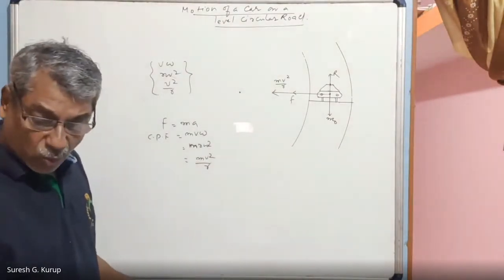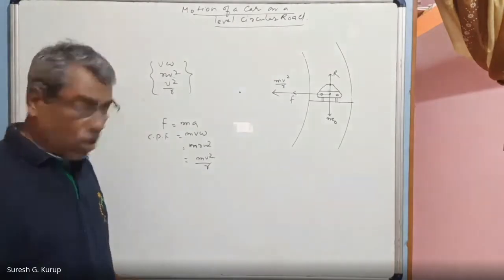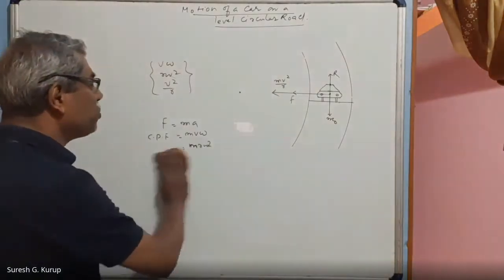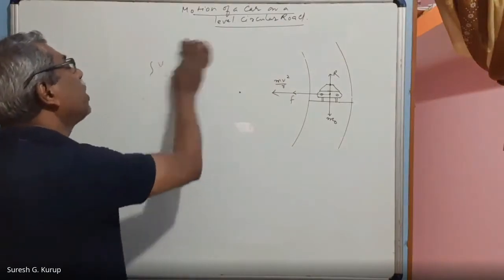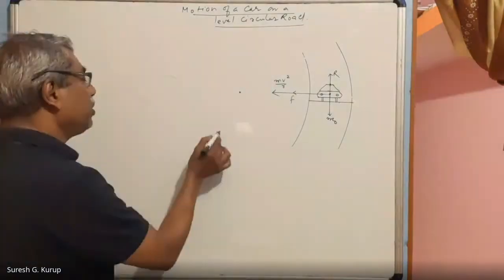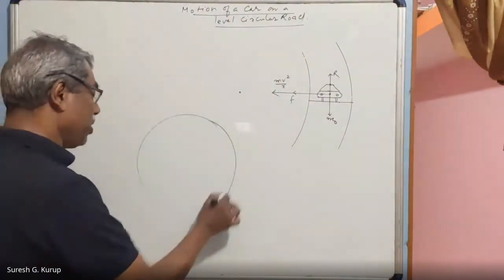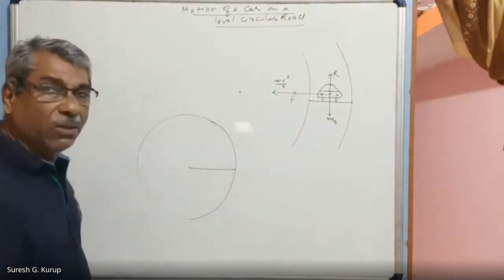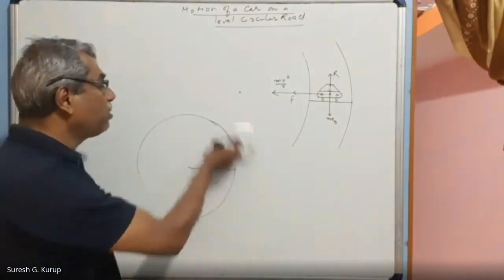When a body is moving in a circular path, there is always a force acting on the body, because the direction of the body is changing because of the force. Suppose this is the path of a body which is moving in a circular path, right?